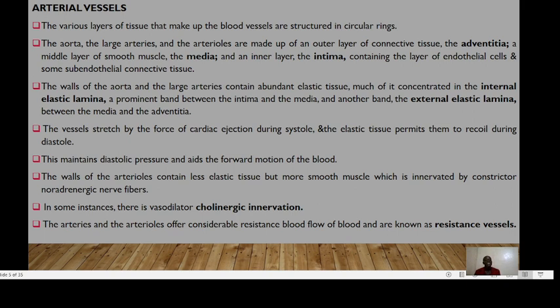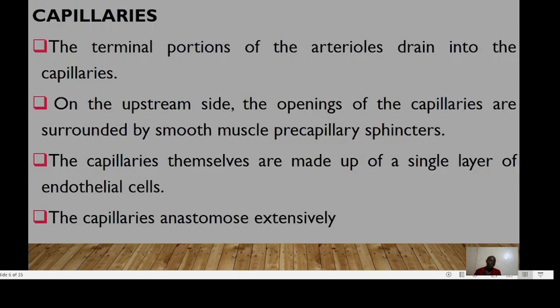In some instances, there is a vasodilator cholinergic innervation. The arterioles offer considerable resistance to the flow of blood, and therefore are referred to as resistance vessels. What about the capillaries?